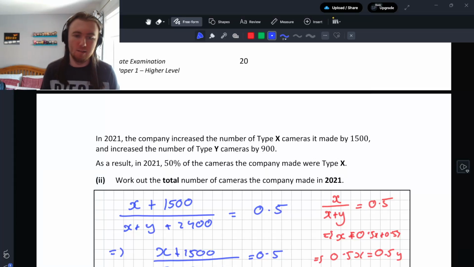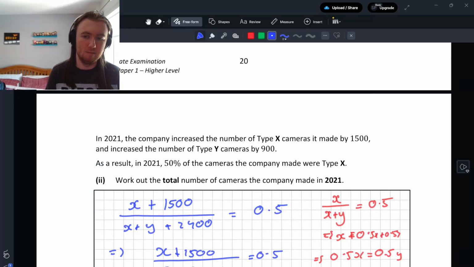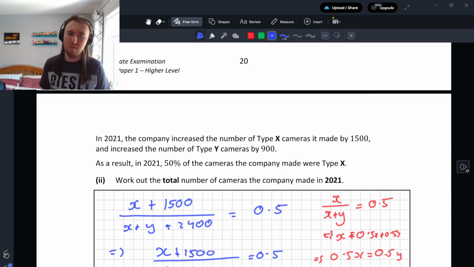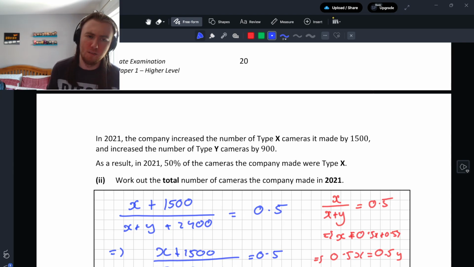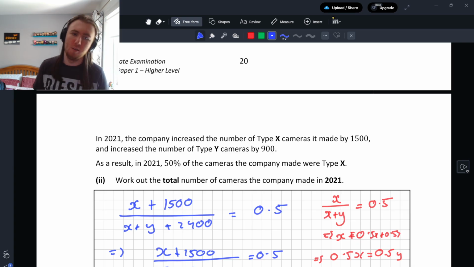Oh. I'm actually stumped. Increase the number of type X cameras made by 1,500. Increase the number of type Y by 900. As a result, 2021.